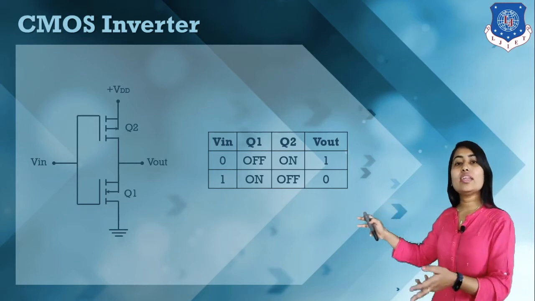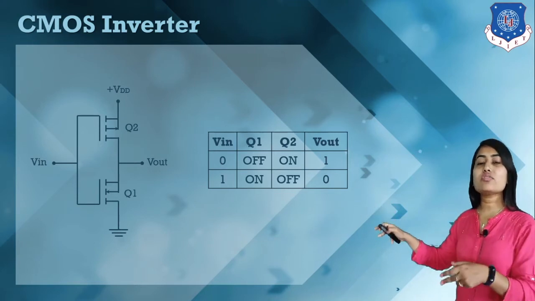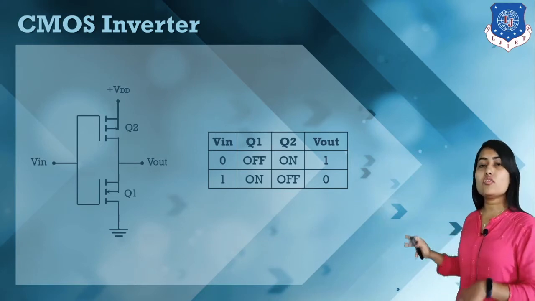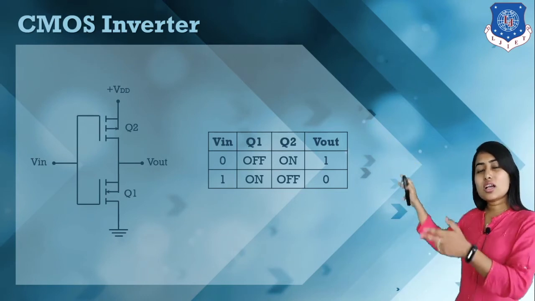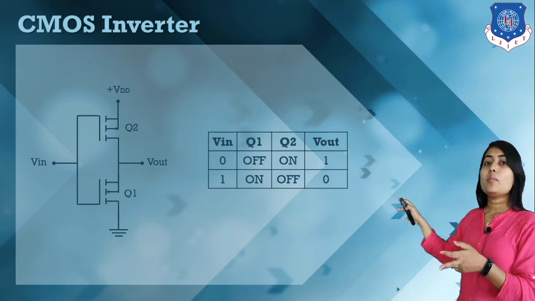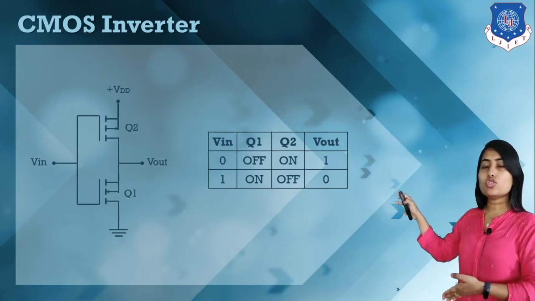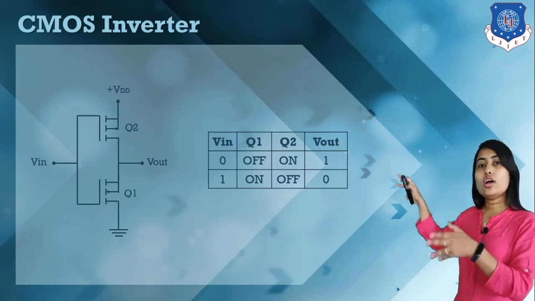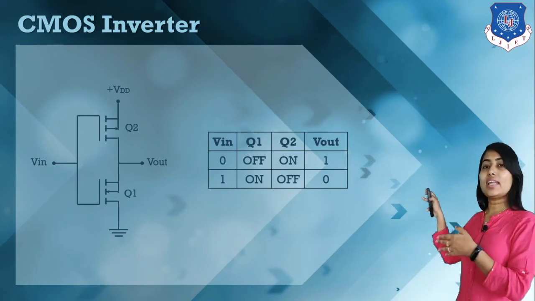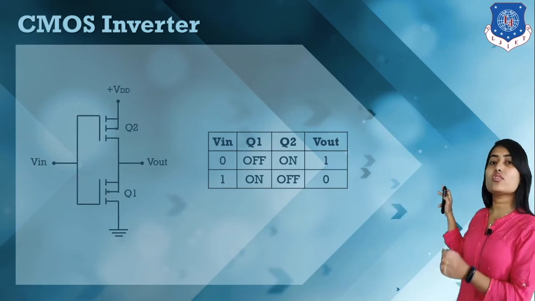So the power supply VDD can flow through Q2, but Q1 is off, so there is no path to ground, and all the voltage is present at the output side. So when Vin is 0, the output is 1.